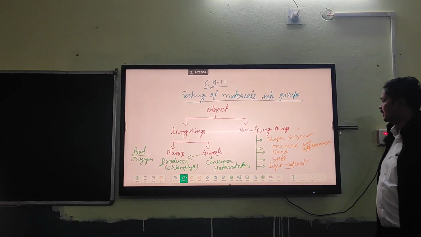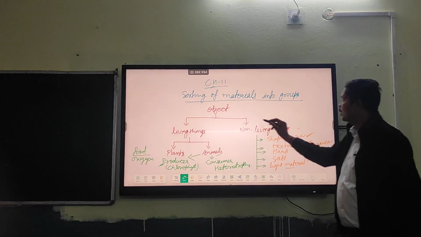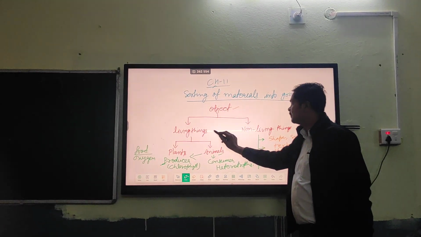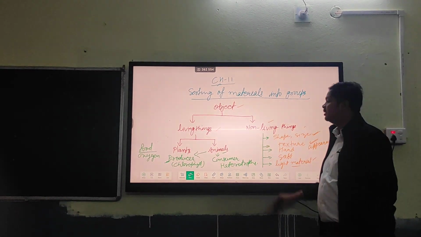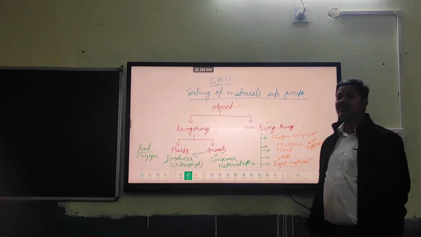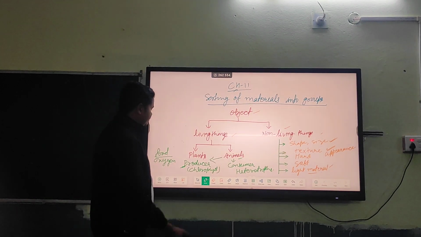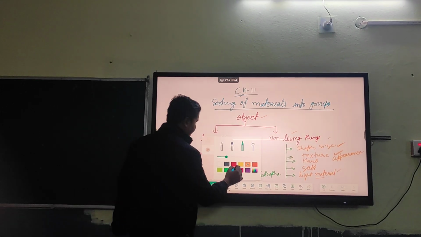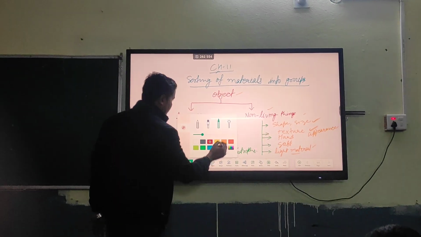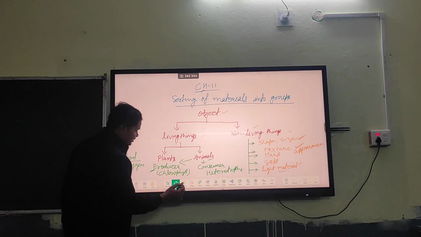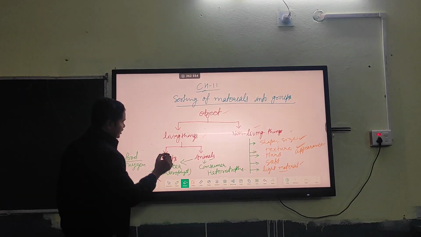So we can classify or sort objects into two types, living things or non-living things. What is the basic difference between living and non-living things? Now I am going to erase all this.